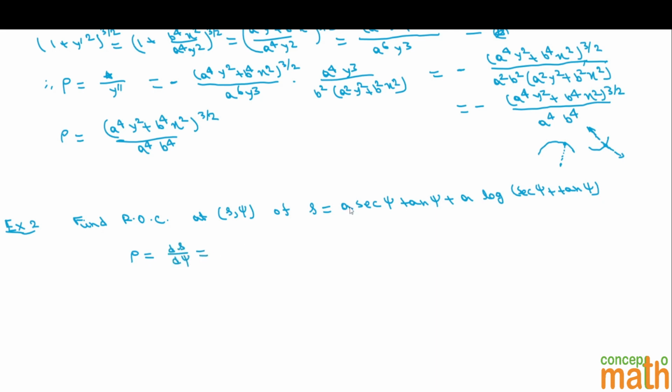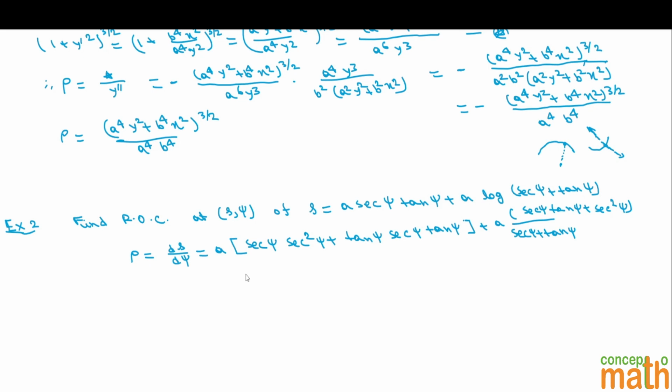So we will take the derivative with respect to psi, which turns out to be a into sec psi, then the derivative of tan psi is sec square psi, plus tan psi into sec psi tan psi, plus a into log of x, that means 1 by (sec psi plus tan psi), then multiplied by the derivative of (sec psi plus tan psi), which is sec psi tan psi plus sec square psi.